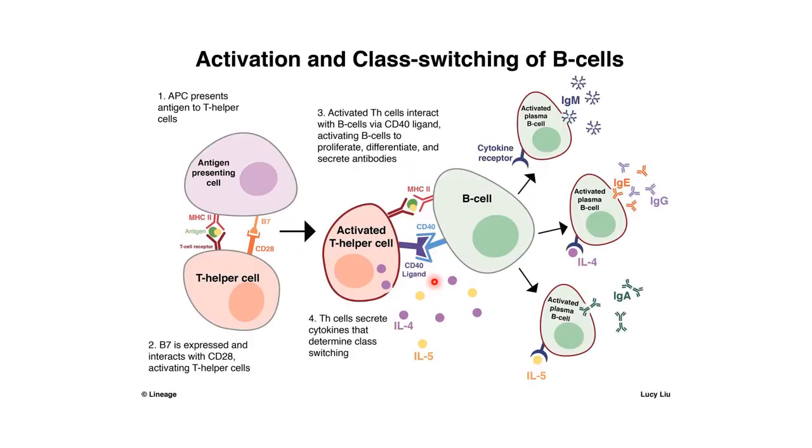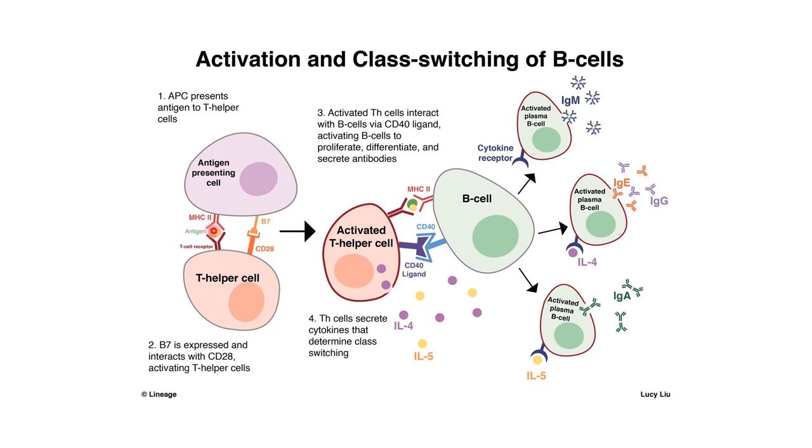Next, let's just recall how antibodies are formed. First, you have professional antigen-presenting cells, which are in the form of macrophages or dendritic cells. So they will engulf the pathogen or the antigen and process that antigen, associate it with MHC, major histocompatibility complex, and this is your antigen.